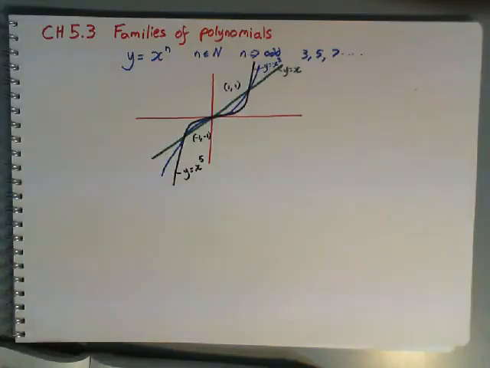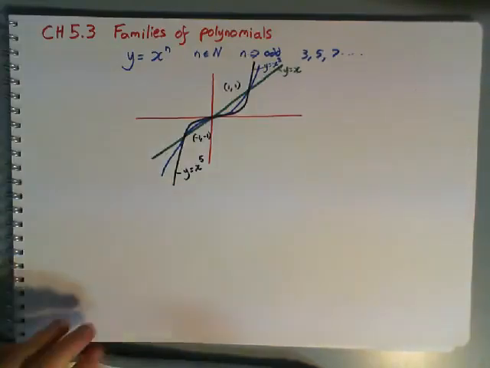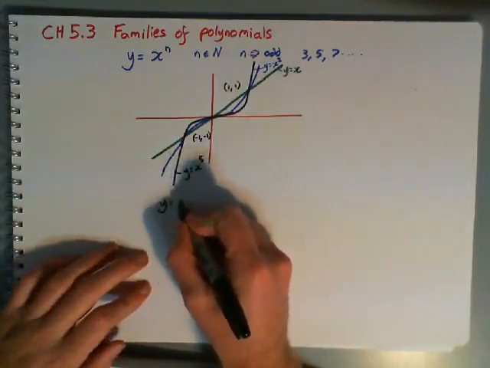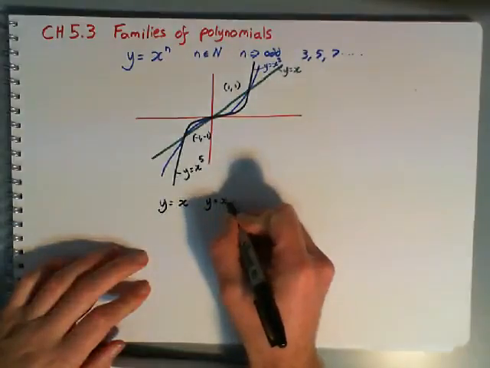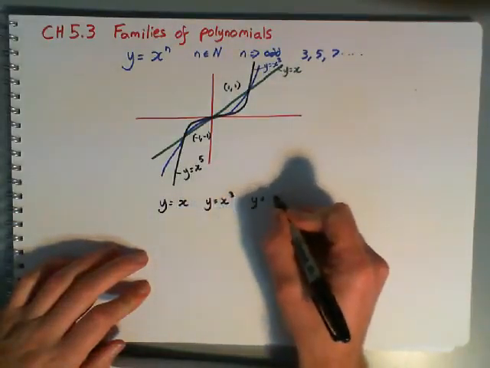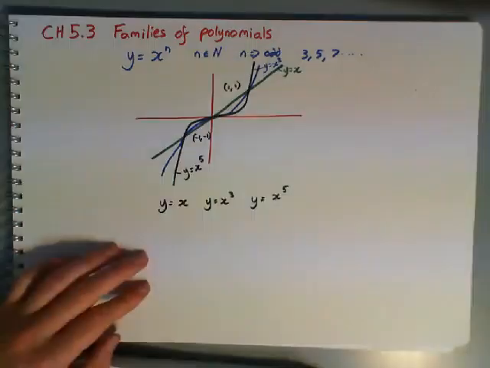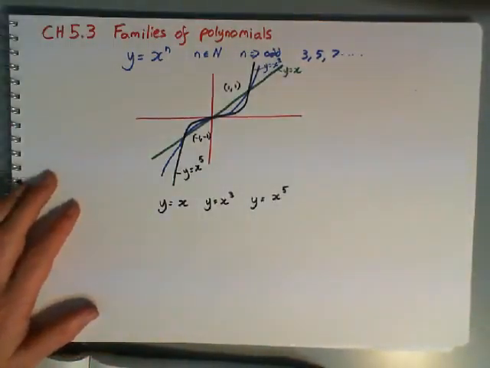Now we'll have a look at a comparison of our three graphs: y equals x, y equals x cubed, and y equals x to the 5. So what are the similarities?